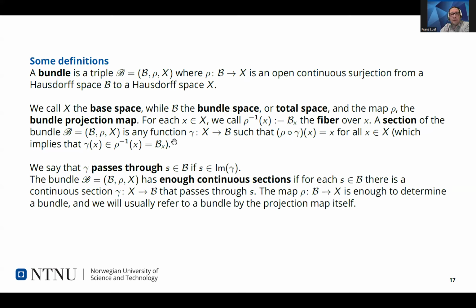And we also define the sections as always. If S is in the image of gamma, this section, then we say that gamma passes through this point S. And we are of course interested when we have enough continuous sections.